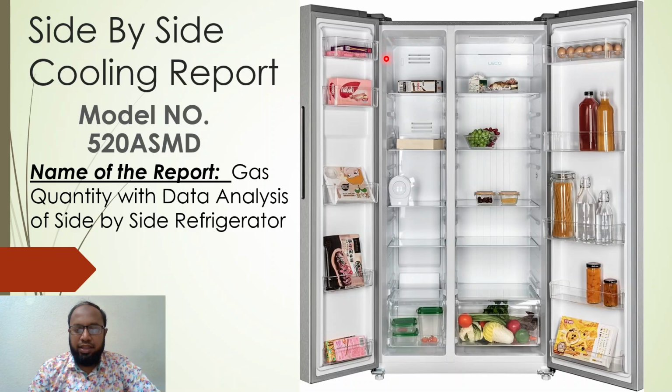In this chamber we are using a 33.5 kg load, and in this chamber a 34 kg load. Then we are calculating the energy consumption and average temperature data of this refrigerator. We are checking different quantities of gas fixed in the refrigerator, how much energy will be consumed and how much average temperature will be achieved. This type of performance we are showing in this report.